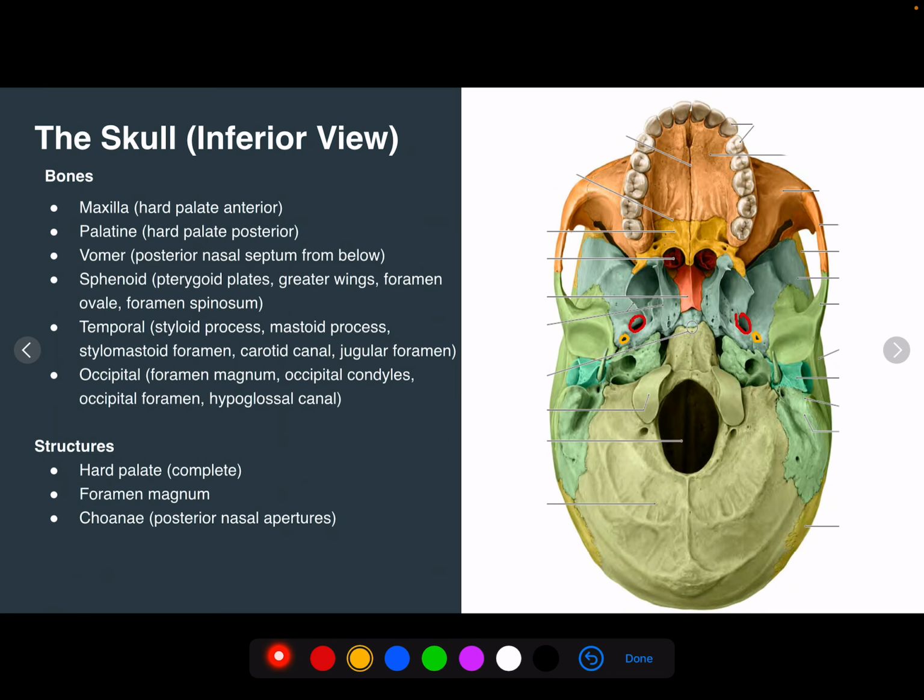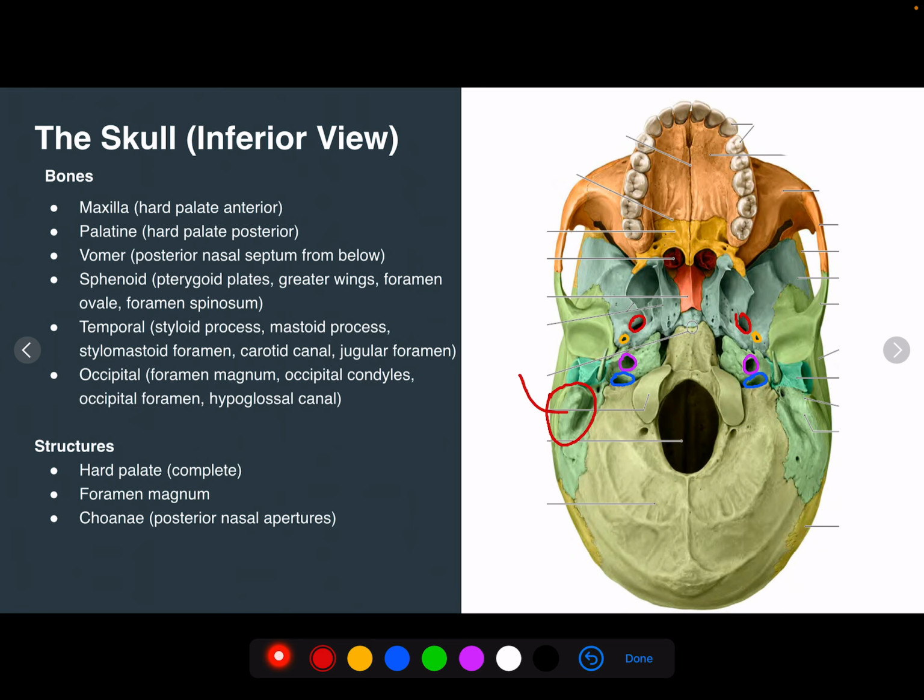Okay. If we wanted to go a little bit deeper here, we could see that we also have our carotid canal and our jugular foramen. Okay? Other features to point out here: we have our temporal bone.